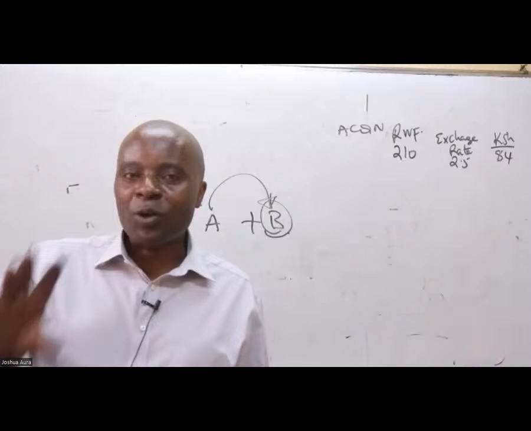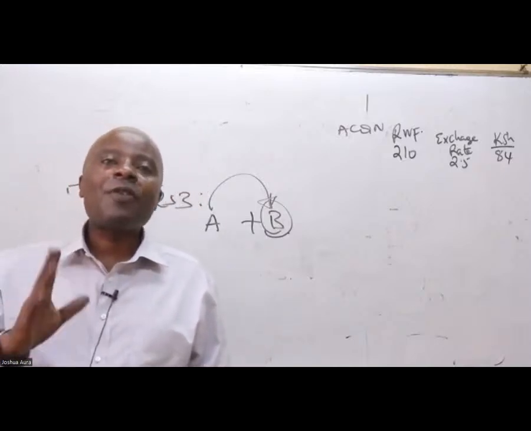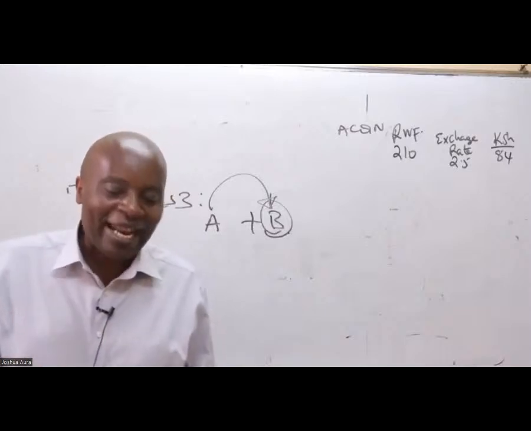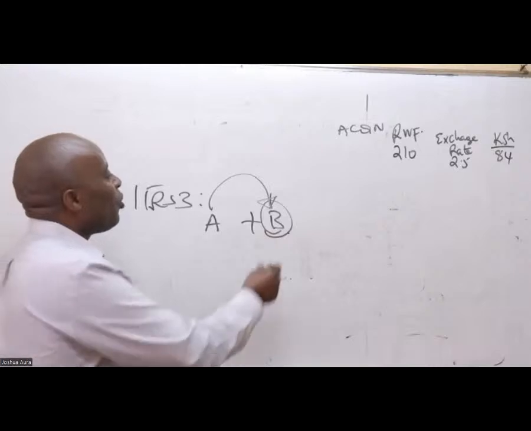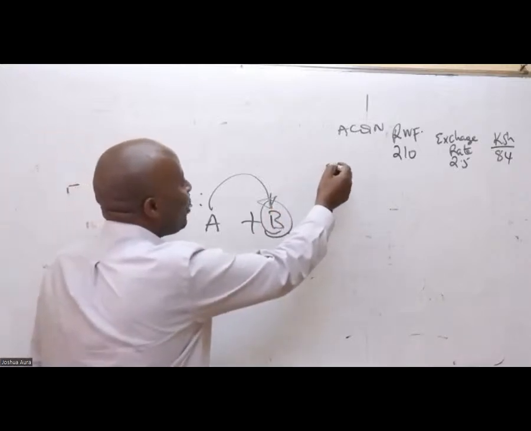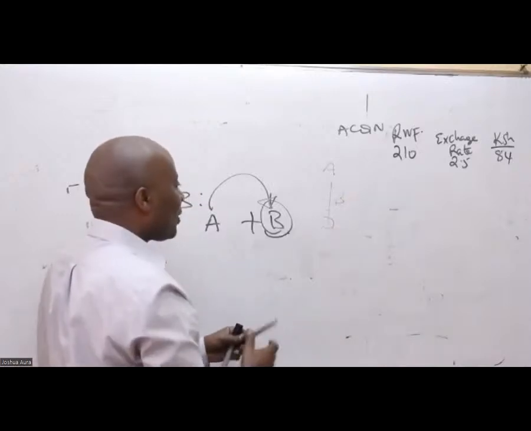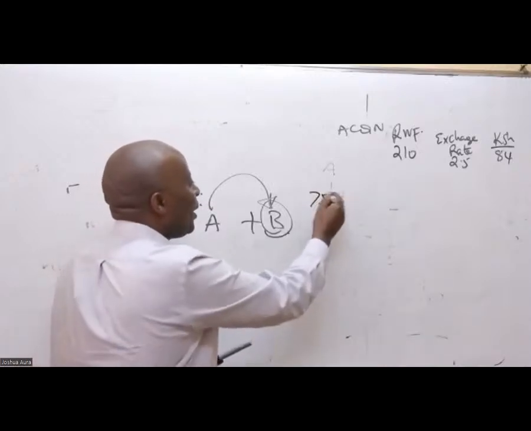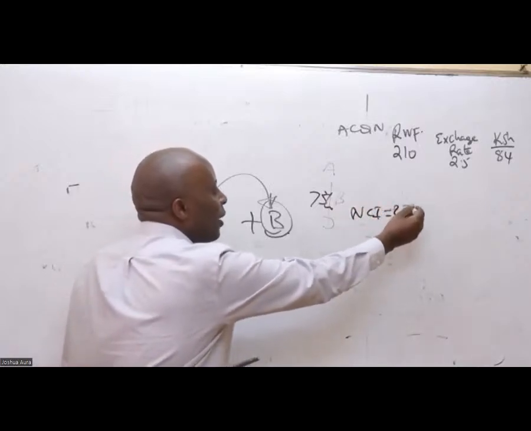Yes, Mary Ann, you can also write this in a format. Always, if I'm the one doing this exam, I cannot fail, because I'll come and tell them, for example, if A owns 75% of B, so I'm giving them examples, NCI will be 25%.